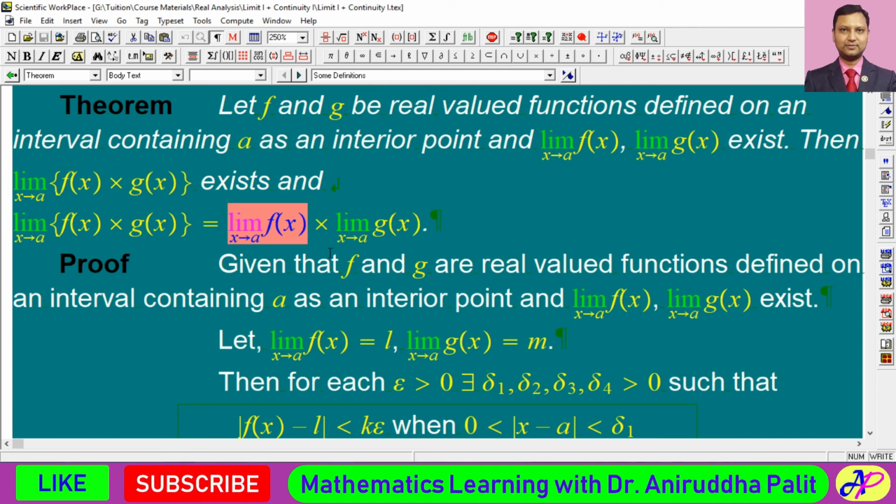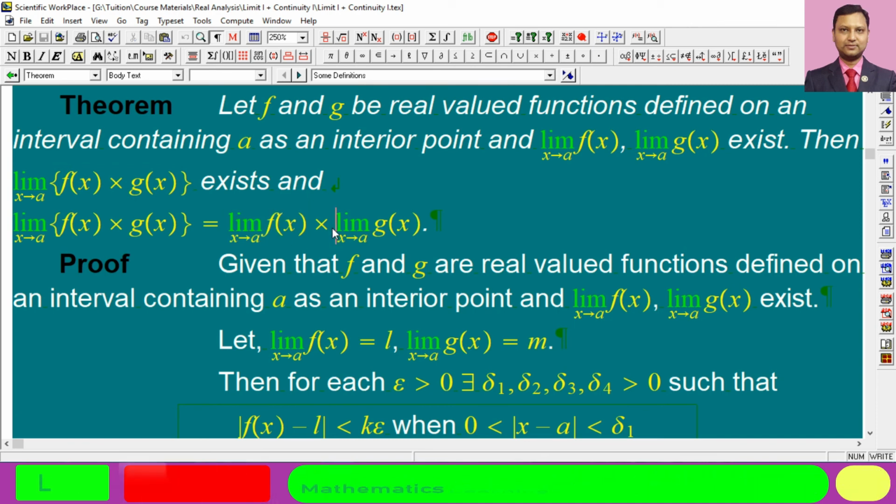That means this is equal to limit x tends to a f(x) into limit x tends to a g(x).